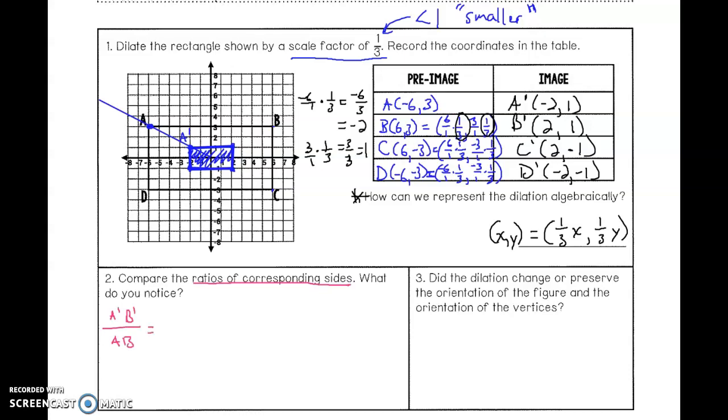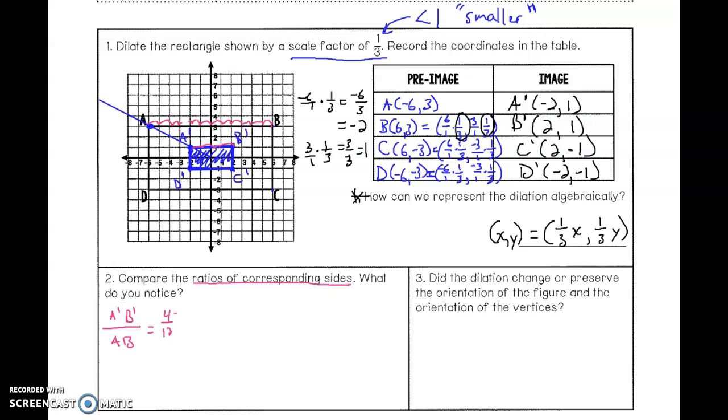Oops, sorry. This is B prime, C prime, D prime. The distance from A prime to B prime is 1, 2, 3, 4. The distance from A to B is 1, 2, 3, 4, 5, 6, 7, 8, 9, 10, 11, 12.